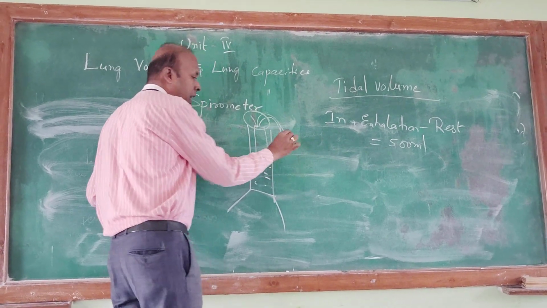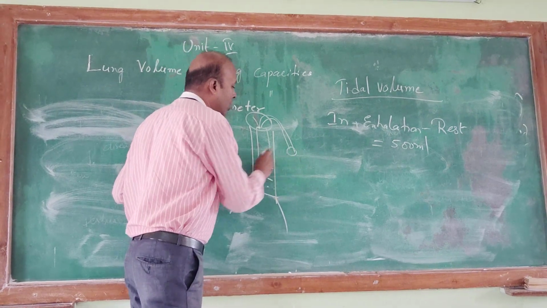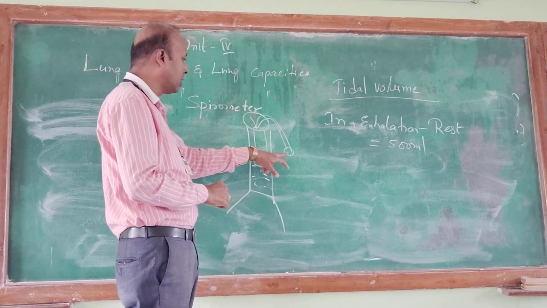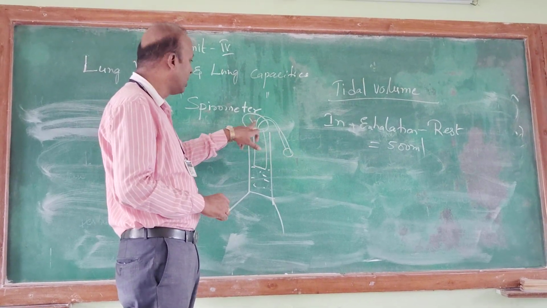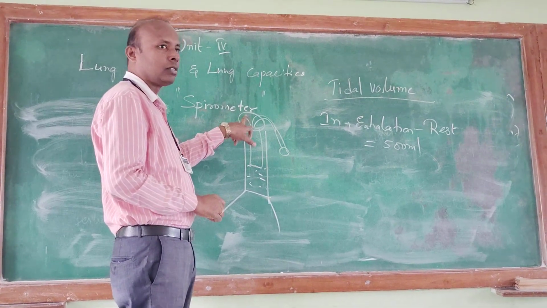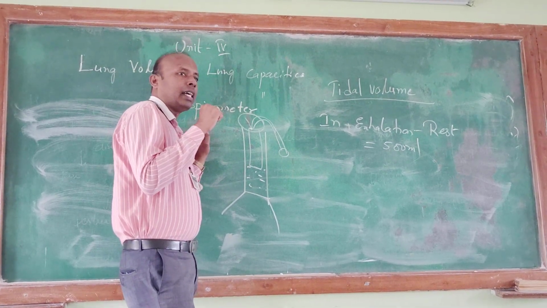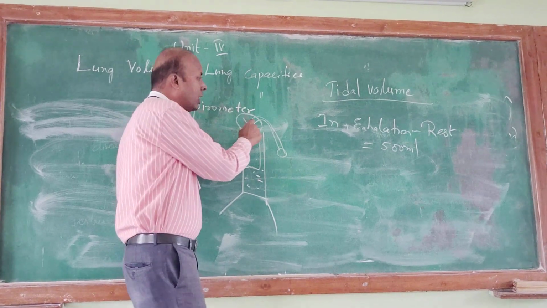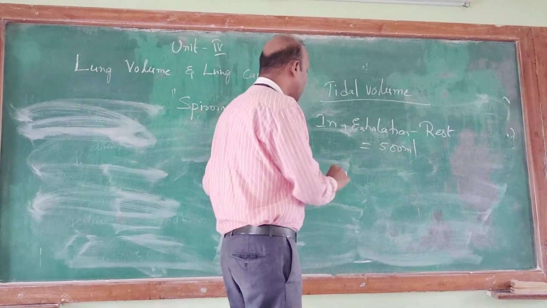When we inhale and blow into the tube, it will go up and down depending on how much force we apply, and it will indicate it. During normal respiration at rest, if you blow slowly, it will indicate 500 ml.